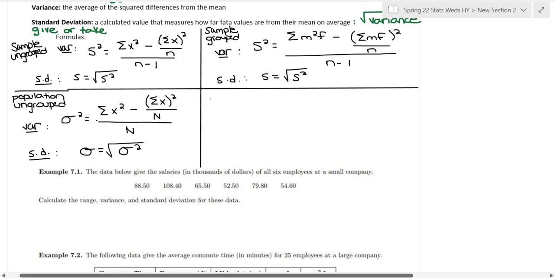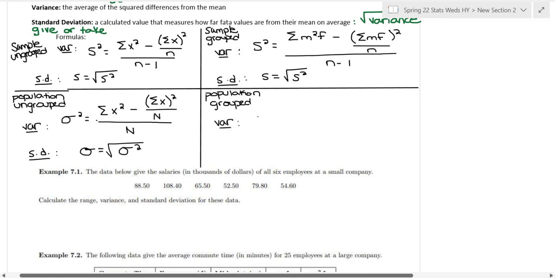And then the last one is population grouped data. And so we have the variance.